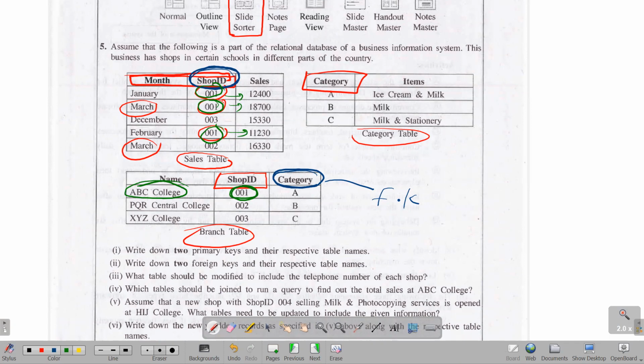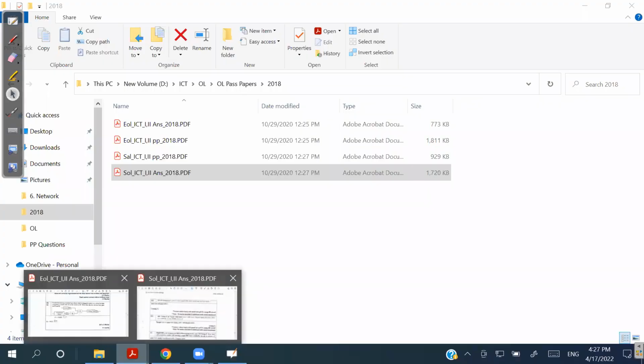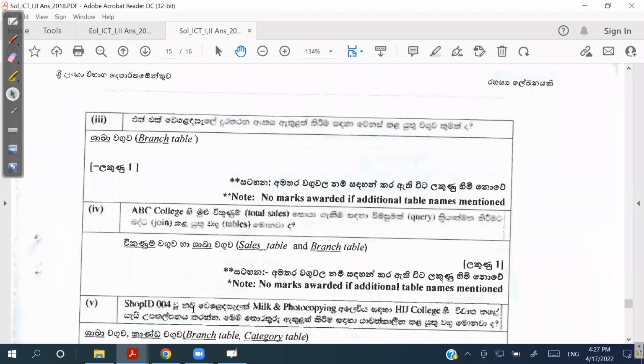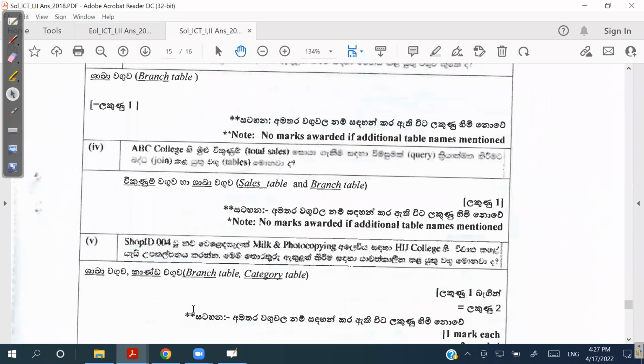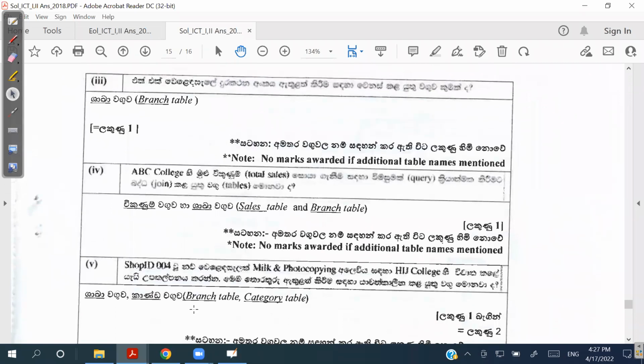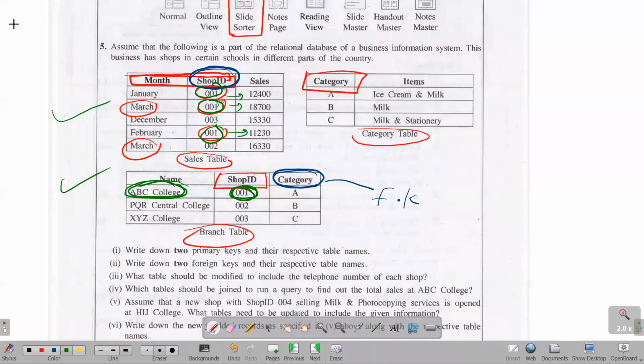So now you can see we need this table and this table. These two tables need to be there to figure out the answer. So for the fourth one, it should be the sales table and the branch table.